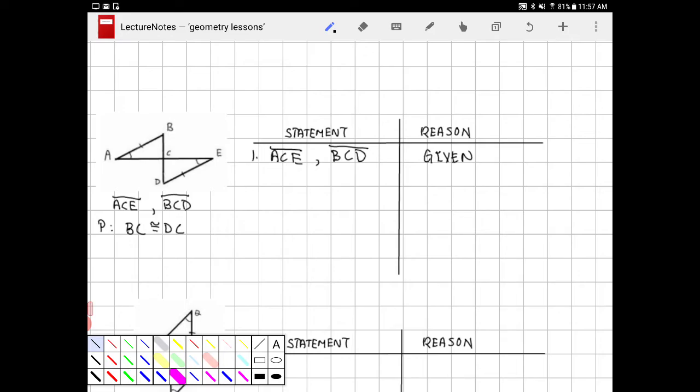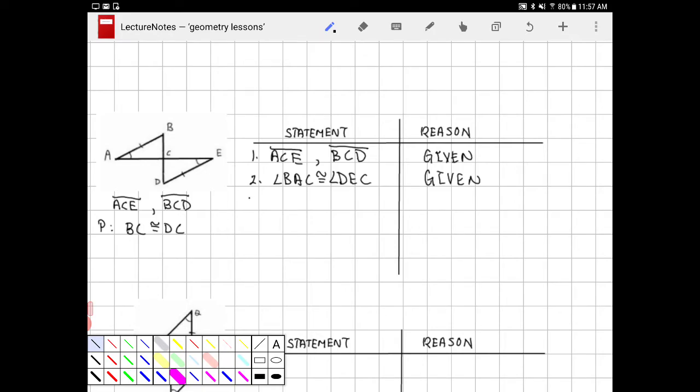So, having had some time to think about this on your own, I immediately can tell, actually from the diagram, it is stated that angle BAC is congruent to angle DEC. And the reason for this is, again, for the given.